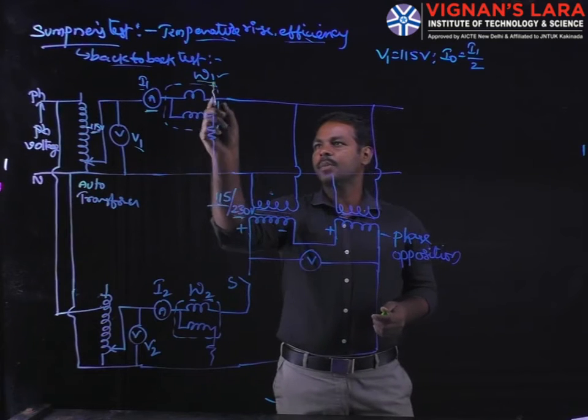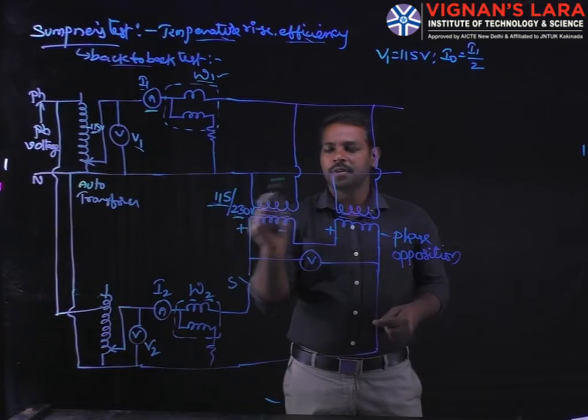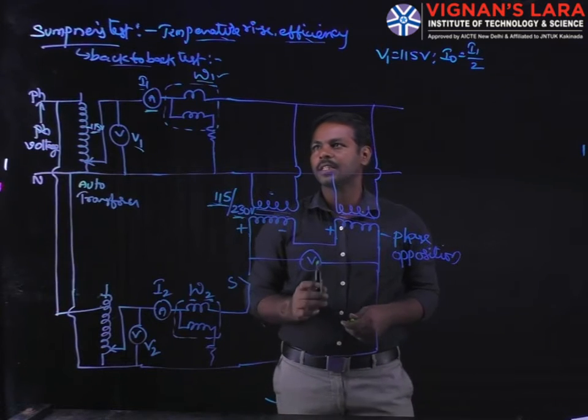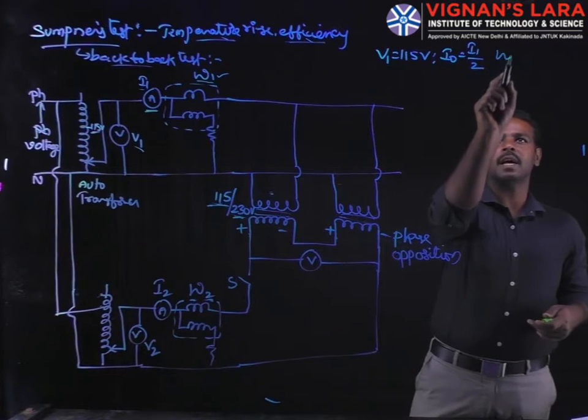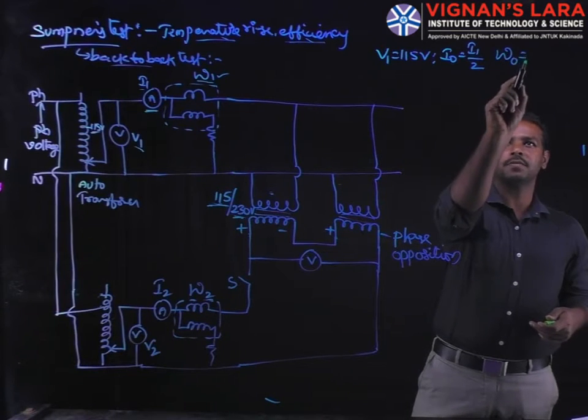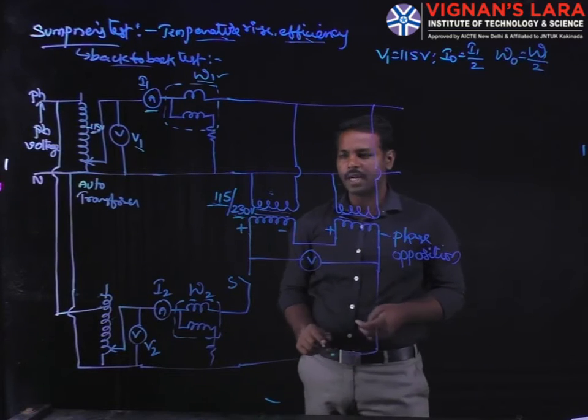Another one is W1, which gives the core losses of both the transformers. So the core losses of each transformer, that is W0, is equal to W1 divided by 2. Because the two are identical transformers, the total iron loss is equal to W1, which is the iron loss of both the transformers. To find the iron loss of each transformer, it is W1 divided by 2.